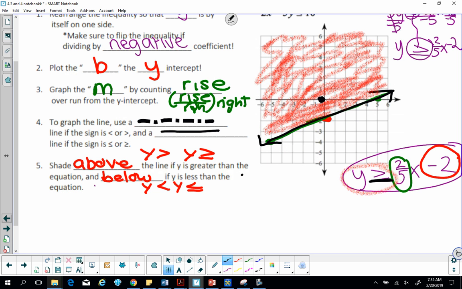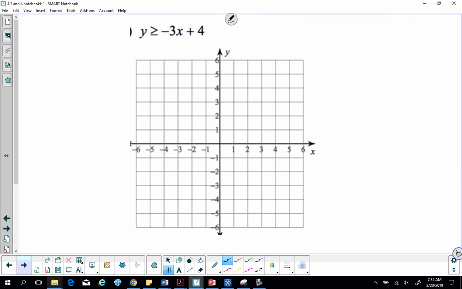Okay, let's try one on that packet. Go to the packet that you have on your desk, and let's try another one. This one right here. First of all, is y by itself already? Yep. So I know I'm going to graph this.